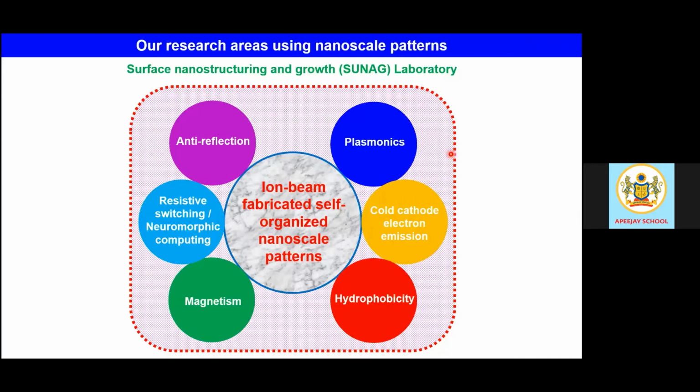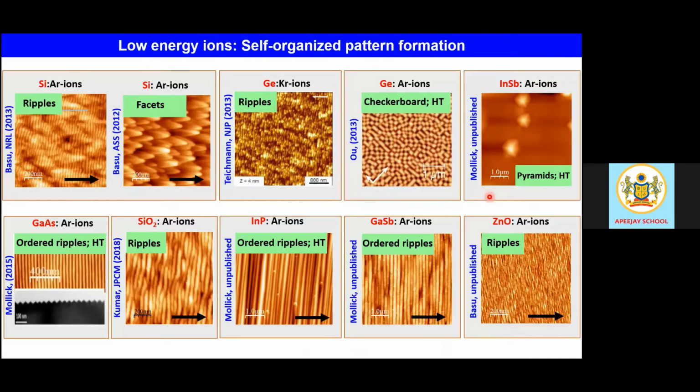Now, as a recap, low energy ions particularly are rather popular to give rise to self-organized pattern formation largely on semiconductor surfaces.